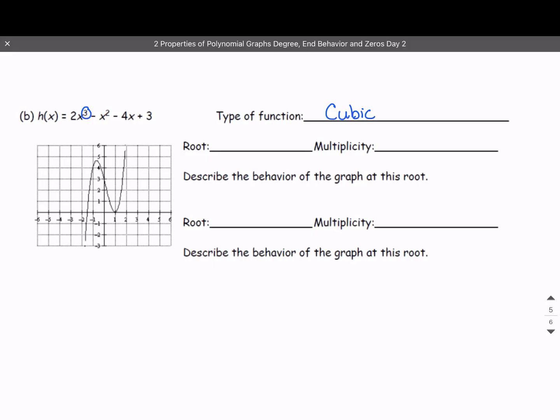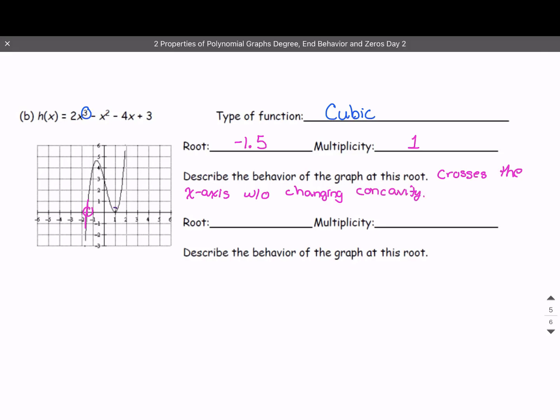I'm going to find my first root. It's about halfway between negative 1 and negative 2. So that's going to be a root of negative 1.5. Now when I look at the graph, it's crossing through the x-axis and the curving isn't changing. So that's a root of multiplicity 1 because it crosses the x-axis without changing concavity.